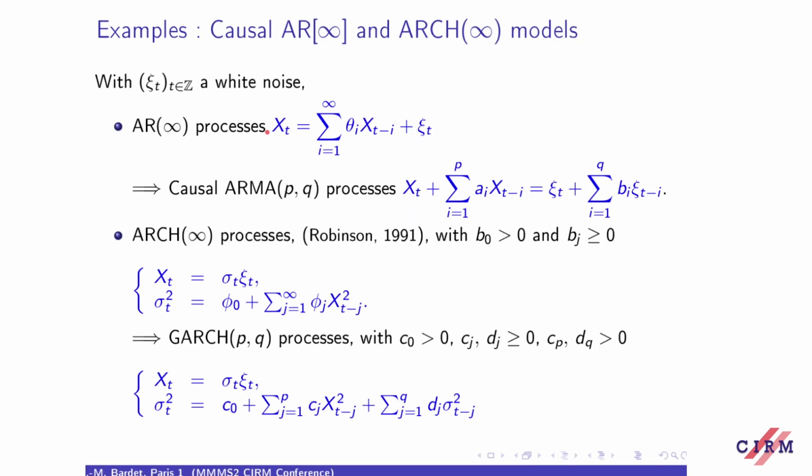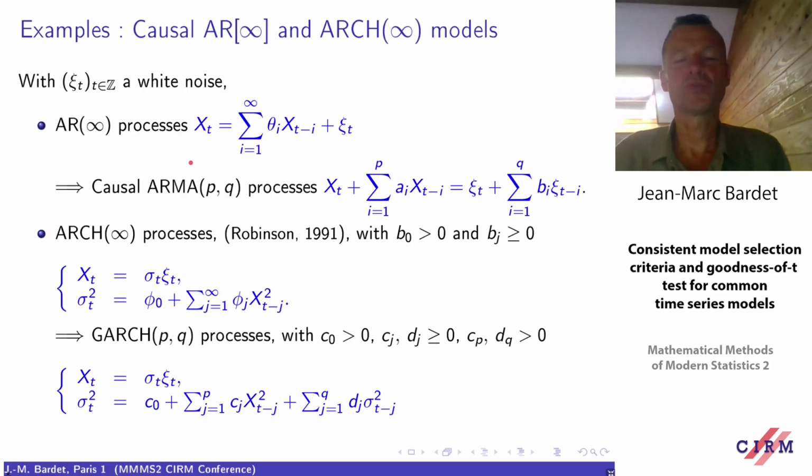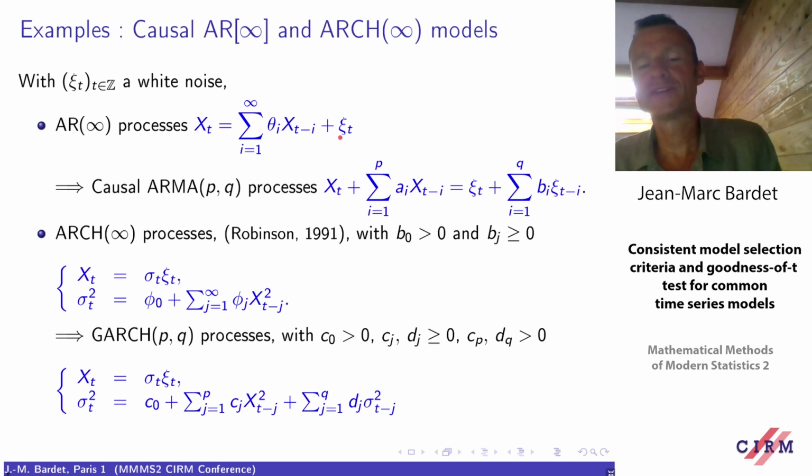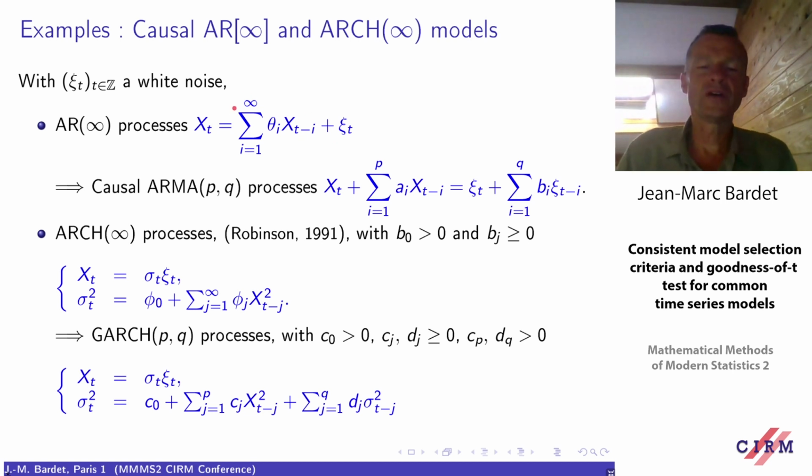Okay, so just to have two examples of causal affine processes, we go back here to AR infinite processes, and we can see that xt is a functional of ct, but this functional is only a constant here, and you add the function f of the past values of xt, and here this functional f is an infinite linear combination of the past values.